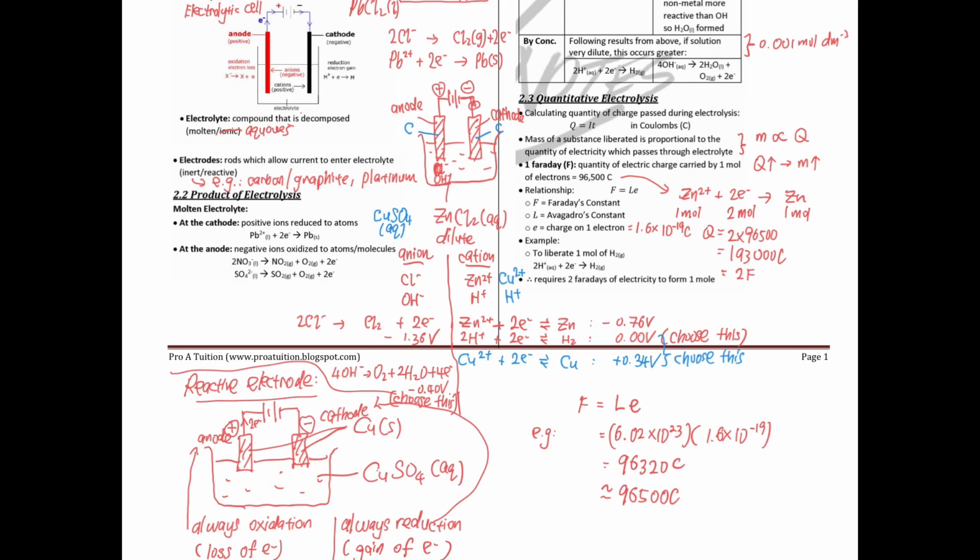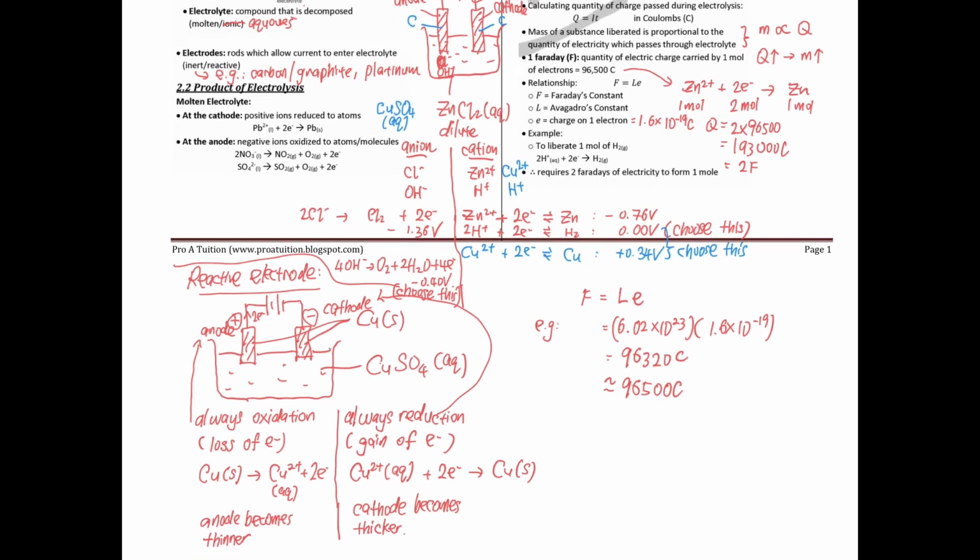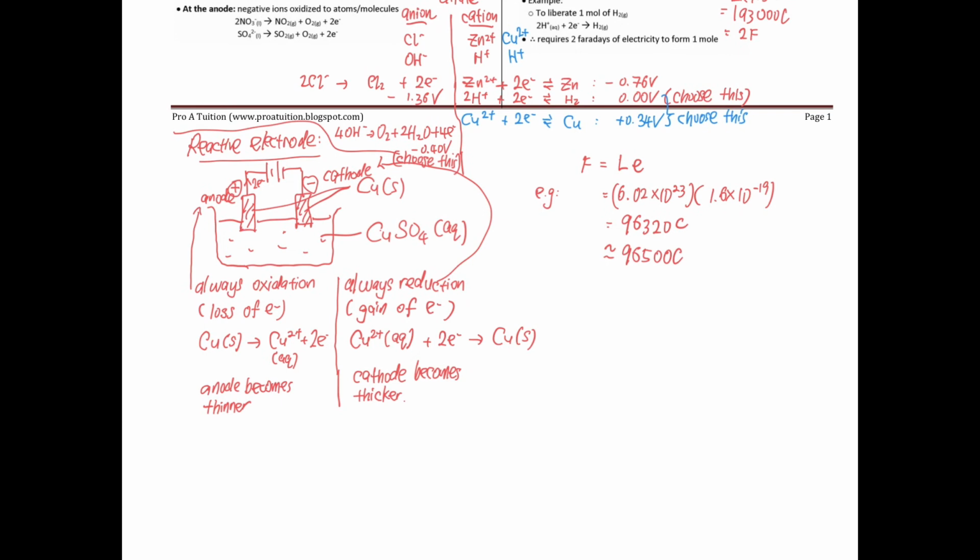This thing itself is not enough to score in the exam. So in order to score, let's see one example here. I will go through one example with you. Since I have this reactive electrode here and it's quite empty here, I will put this as my example and you see how we do calculation.